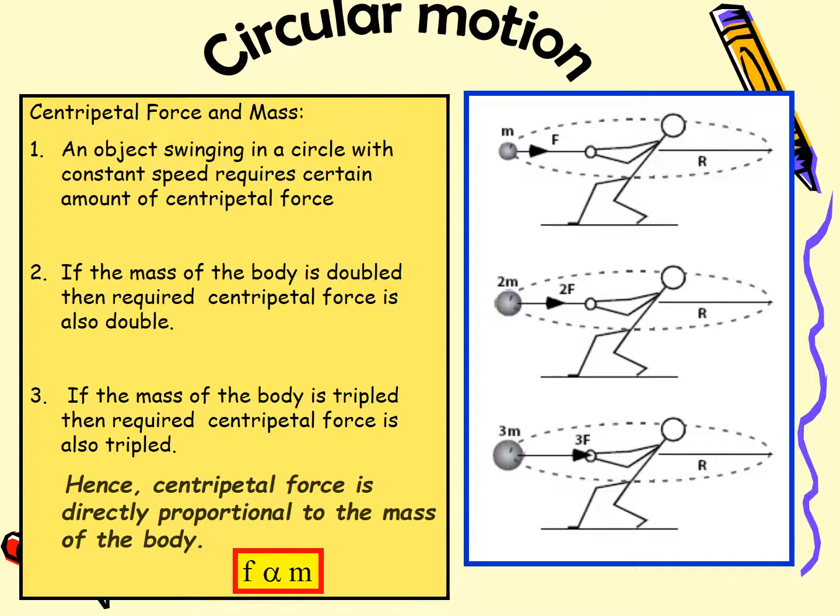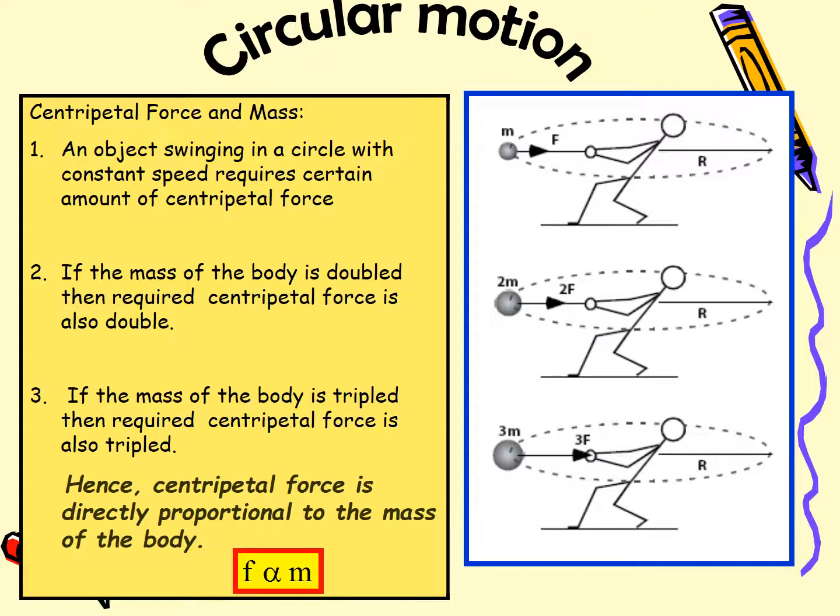What is the relation between centripetal force and mass? If an object swinging in a circle with constant speed requires a certain amount of centripetal force, and the mass of the body is doubled, then the required centripetal force is also doubled.